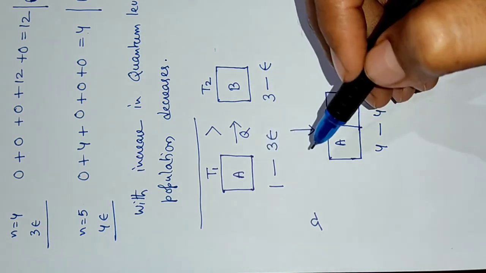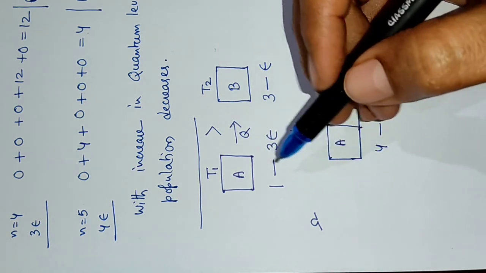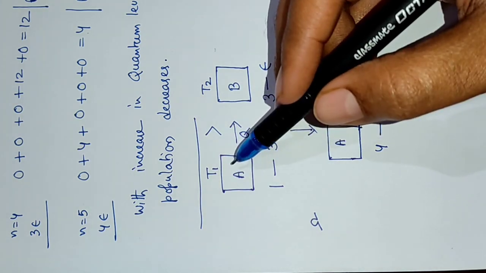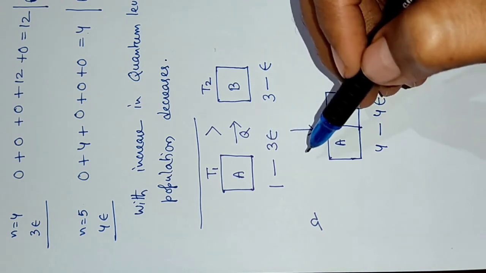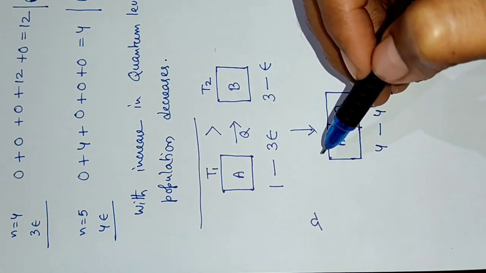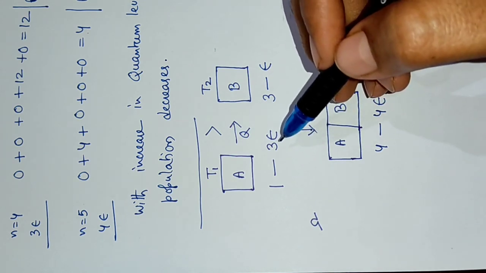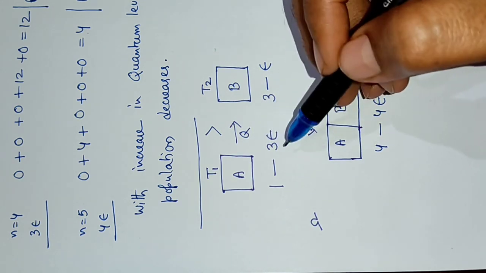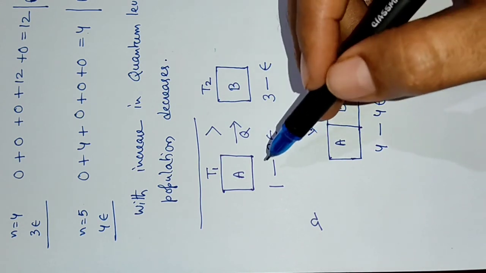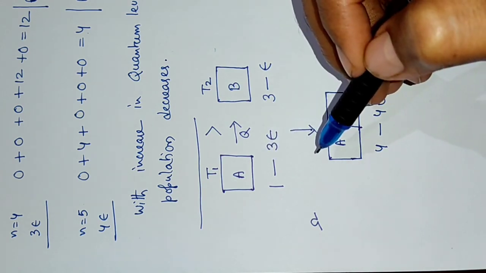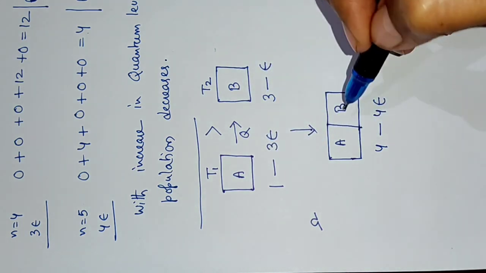You have to prove that the thermodynamic probability of this particle to enjoy lower levels compared to 3 epsilon is increasing, and the probability of enjoying higher levels compared to 3 epsilon is decreasing. So this will prove that it will lose energy, and that will be transferred to this one. So this system is ready.